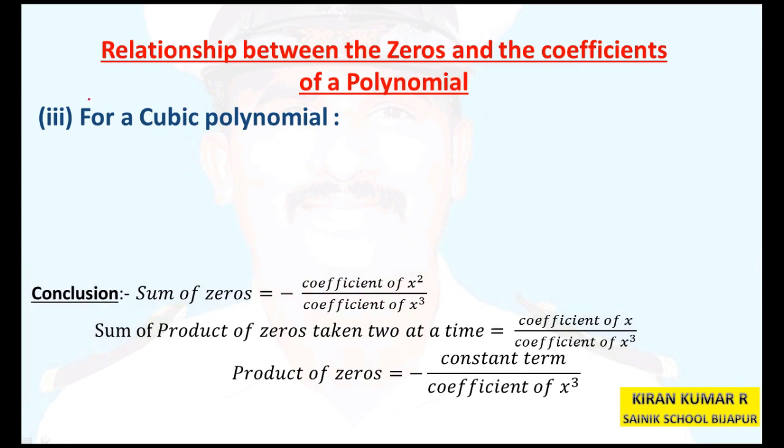The sum of zeros is nothing but alpha plus beta plus gamma. We have this result: minus b by a. Sum of product of two zeros taken together, alpha beta plus beta gamma plus gamma alpha, is c by a.